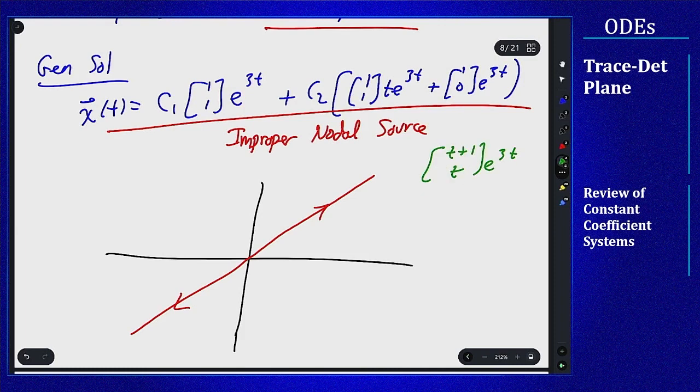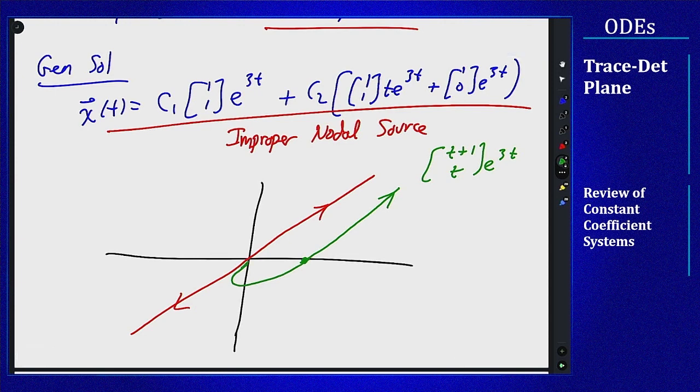So at t equals 0, this is at (1, 0). So it's over here. And as t goes to infinity, this winds up in the first quadrant because both terms are always positive as t goes to infinity. And so this will end up approaching this way as time goes on. And so backwards, it loops through this way.